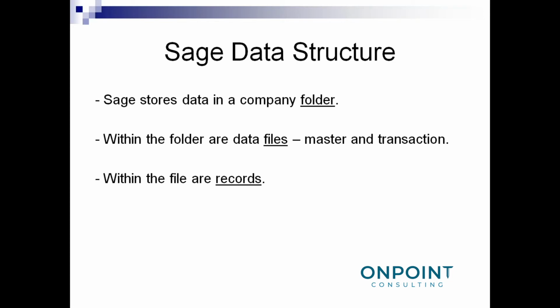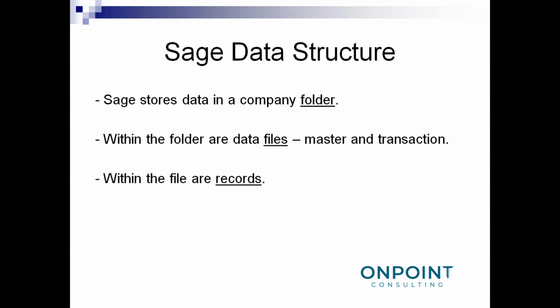Within that folder are a set of files. The files you're going to be focusing on for your report writing are the master files and the transaction files. In your handout on page 1, it talks about the 3 different types of transaction files and the master files. The transaction files are where all the detail is stored.